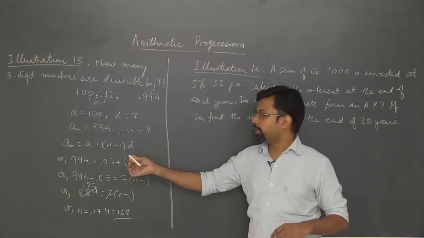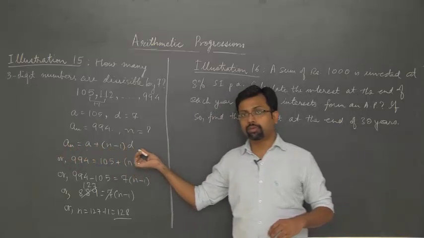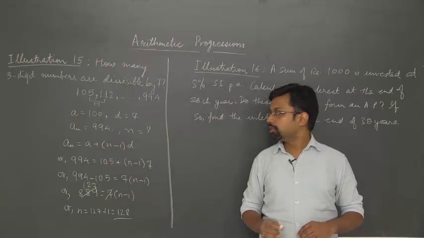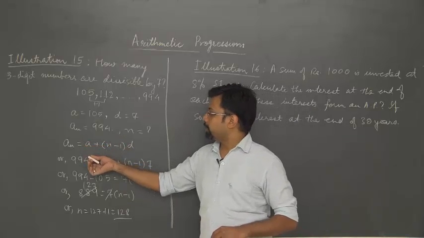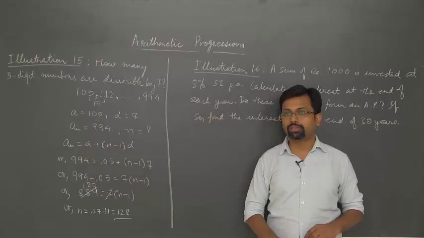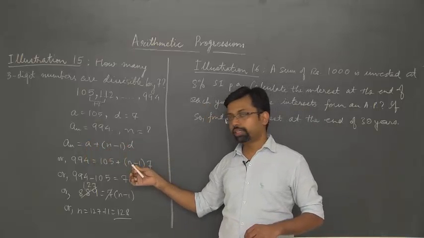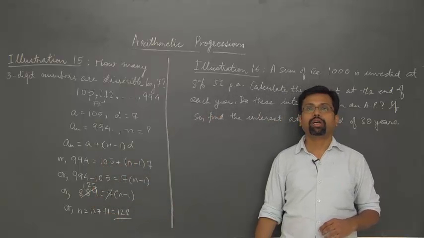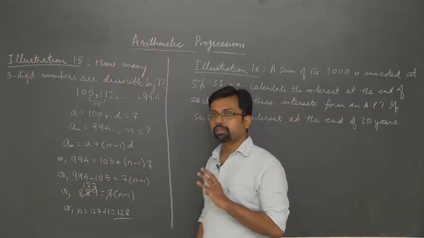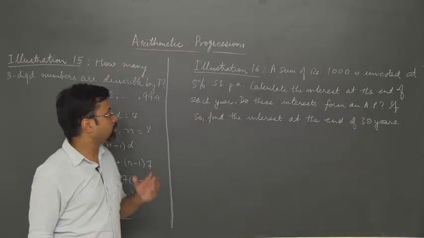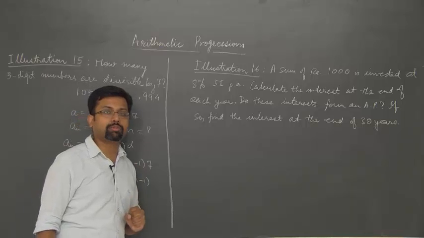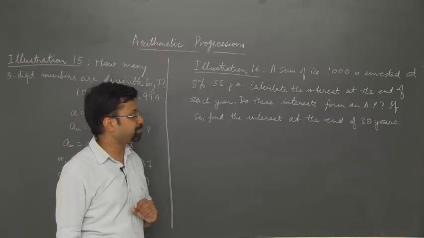Yes, we can find N using the general term formula of AN equal to A plus N minus 1 into D. AN is 994, we have A equal to 105, N we have to find out, D is 7. We do a simple calculation and we find out that N is equal to 128. So we can say that there are 128 3-digit numbers that are divisible by 7.